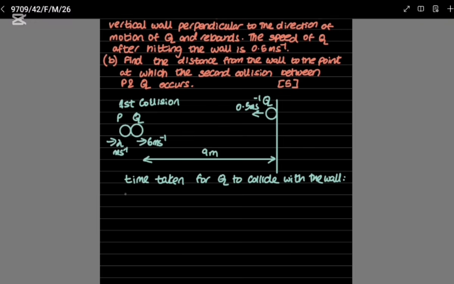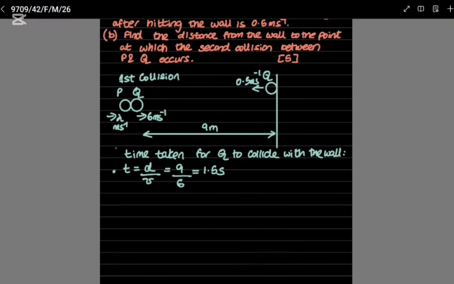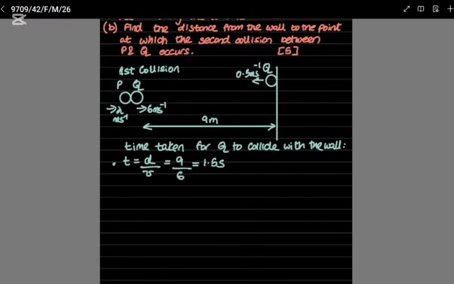So it's just going to be time is distance over speed, which is 9 over 6, which is 1.5 seconds, okay. Now during this time, P also has a speed of 2 meters per second, so it's not gonna stay at that same position. It's gonna move a certain distance, okay. So we have to find that distance, okay.